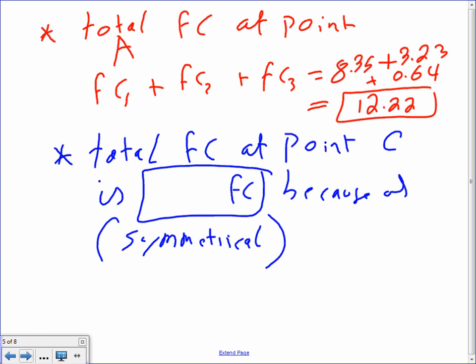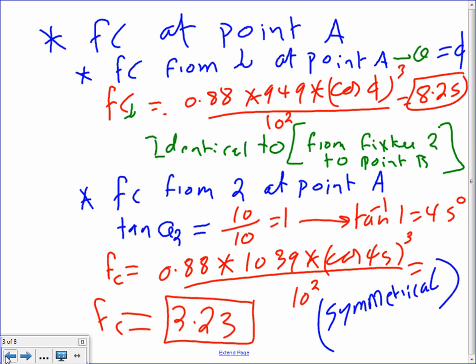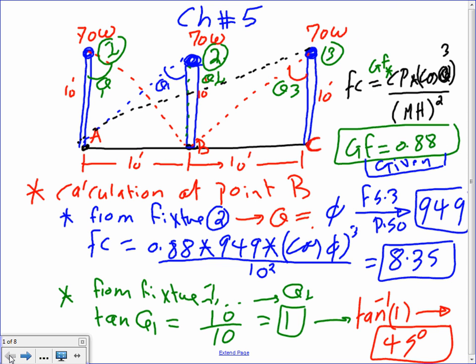Okay, now here's the fun stuff. Doing the calculation at point C, you don't have to, right? You don't have to do it at point C, because I'm going to take you back to the trig. Can you guys see that point A and point C are identical, right?